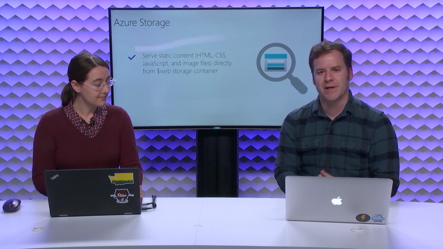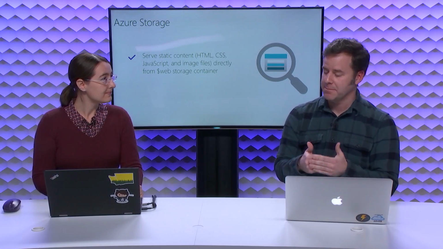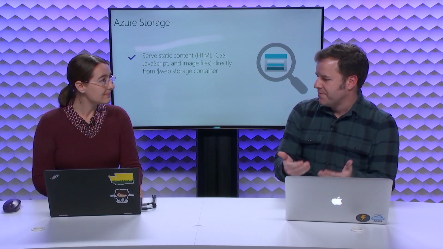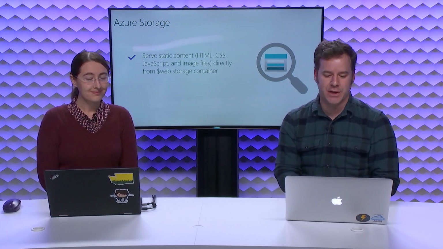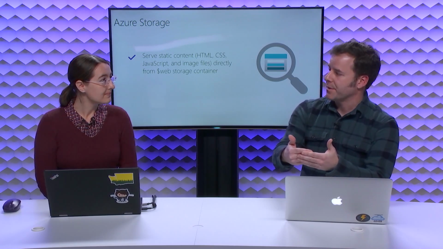The first one being Azure Storage. We're using a feature of Azure Storage that gives us the ability to host static content, which works very well for Blazor WebAssembly applications, right? So as we deploy the static assets to storage, that's where the initial requests are going to.